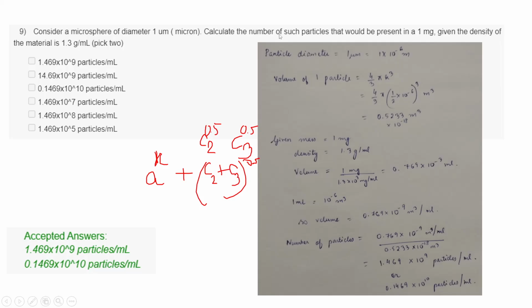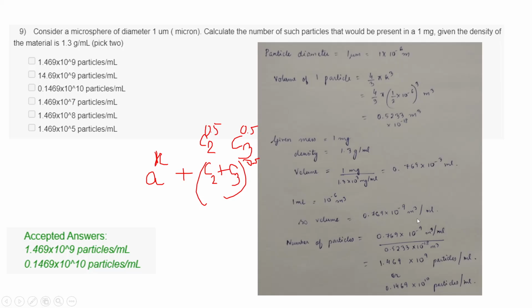Now it is asking to calculate the number of such particles that would be present in 1 milligram, given the density of the material is 1.3 gram per ml. So mass is 1 mg, density is 1.3 gram per ml. To calculate the volume, it would be mass by density. So 1 mg divided by 1.3 into 10 to the power 3 mg per ml, since I've converted gram to mg, you'll get a value of 0.769 into 10 to the power minus 3 ml. Now if you convert this to meter cube, you'll get 0.769 into 10 to the power minus 9 meter cube.